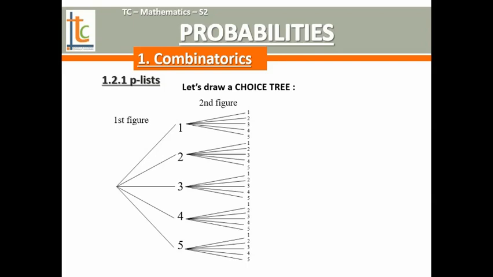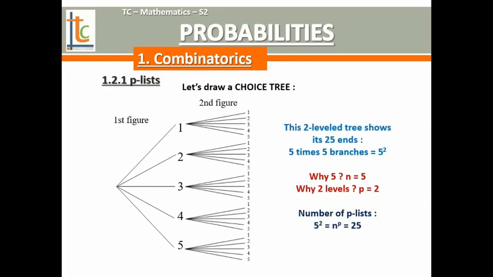And you can read from the top to the bottom 11, 12, 13, 14, 15, 21, 22, 23, and so on. So why 25 in the end? Because 5 times 5, 5 groups of 5 branches. And that's just 5 squared, n to the power of p.